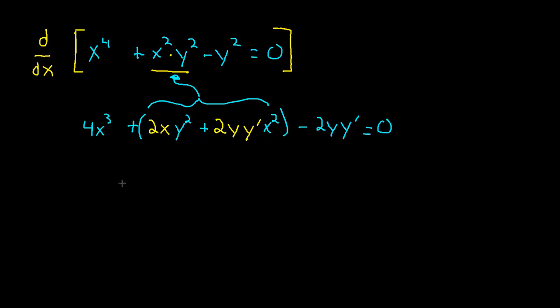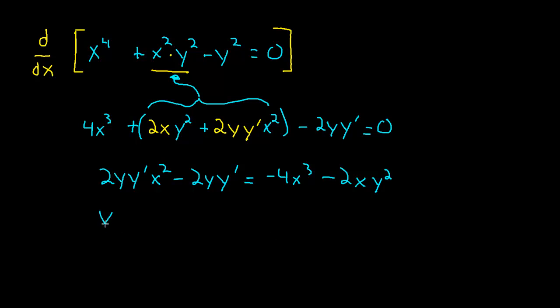All right, so the last thing to do is to gather all of your y primes to one side. And this should be x squared minus 2y y prime. And on the right-hand side, I should get a negative 4x cubed, plus, no, not plus, minus 2x y squared.